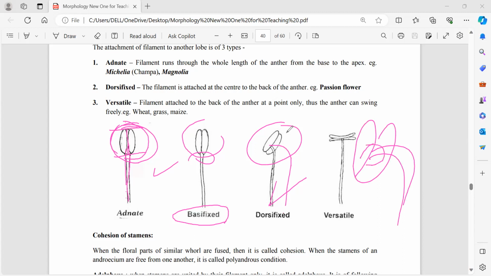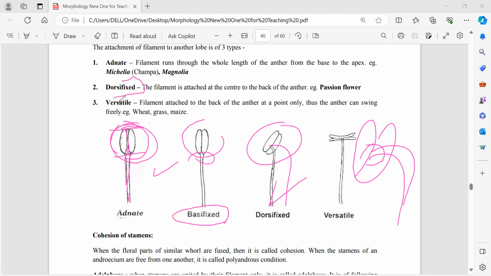At the back side, in the middle, it is attached. So this condition is called dorsifixed. We have so many examples of flowers of plant species where these filaments are attached at the back of the anther in the middle, and that condition is called dorsifixed.